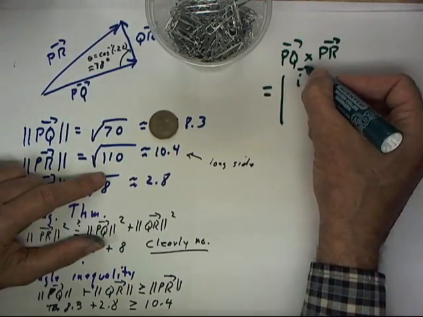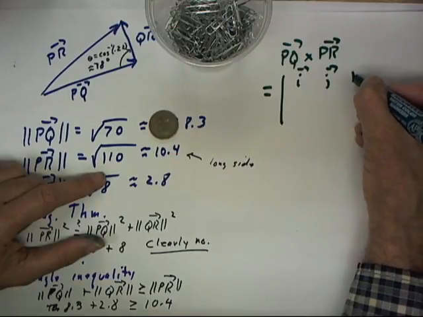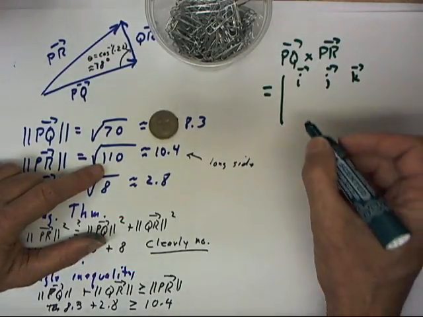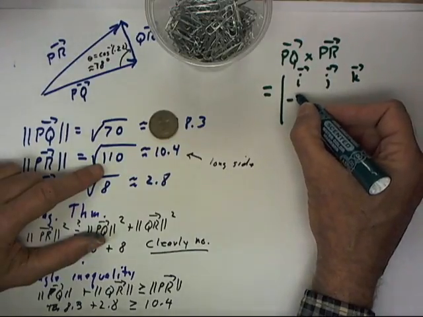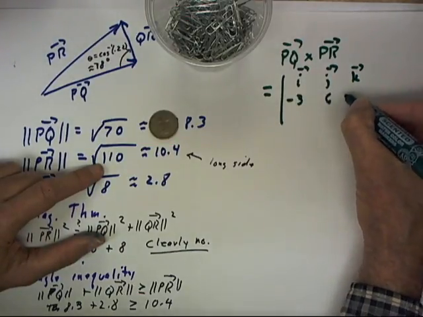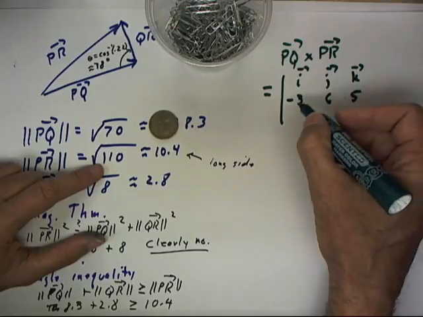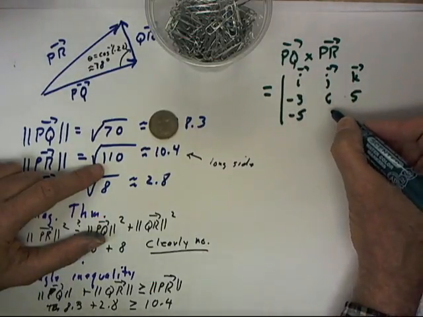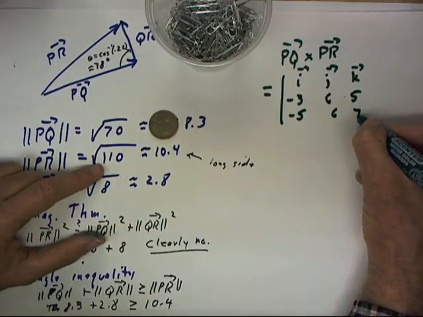And the determinant is going to be I, J, K for the first row. The second row will be the components of PQ, which are -3, 6, and 5. And the third row is going to consist of the coordinates -5, 6, and 7.